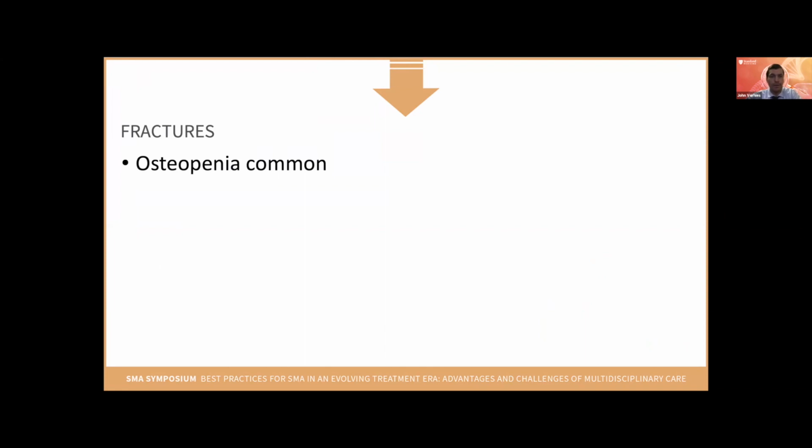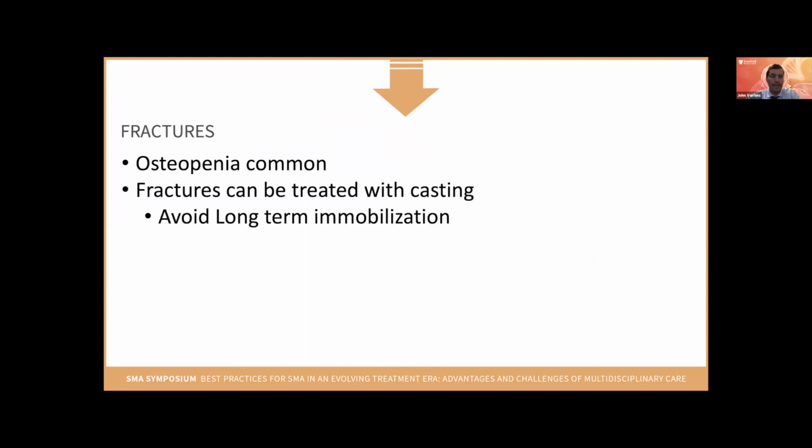So most of these fractures can be treated with casting alone, and few require surgery. But the general rule of thumb is we like to avoid long-term immobilization. So in a growing child, that means we're usually casting for less than a month. Casting for more than a month can lead to more osteopenia and then muscle wasting, and sometimes we get fractures above and below where we cast as well, at these stress risers.